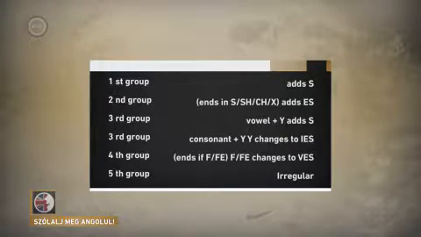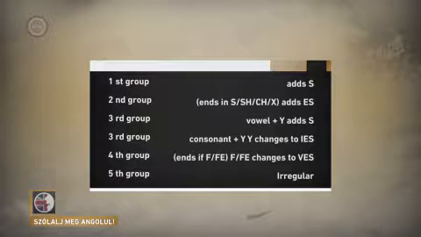Group 1. We change the noun from singular to plural by adding an S. Group 2. We change the noun ending in S or SH or CH or X from singular to plural by adding ES.